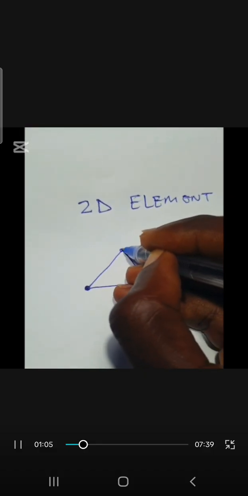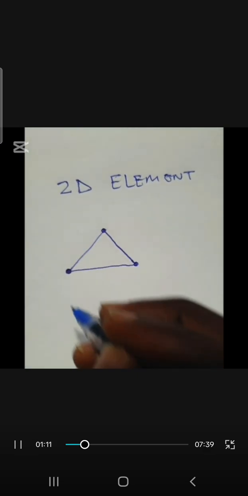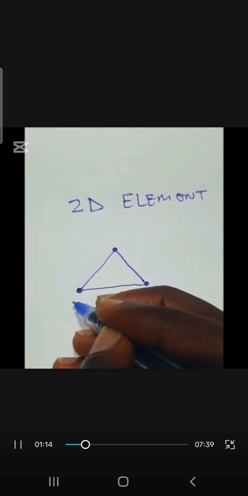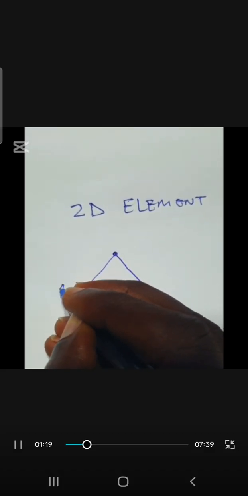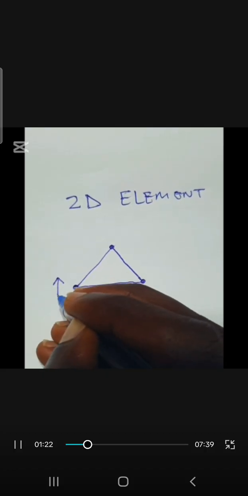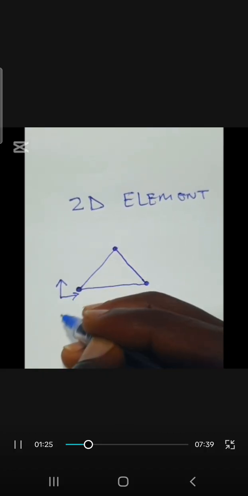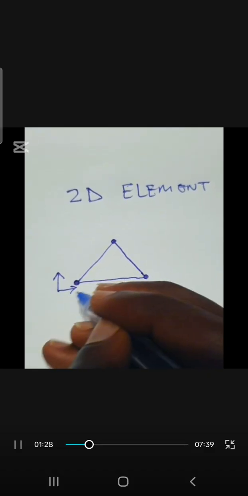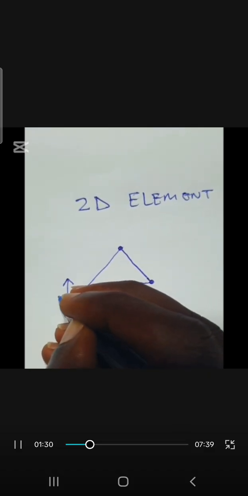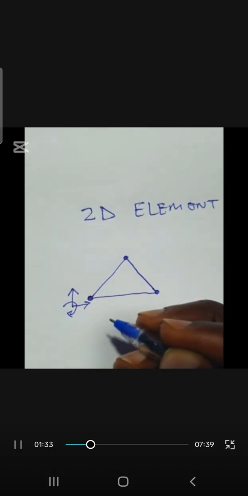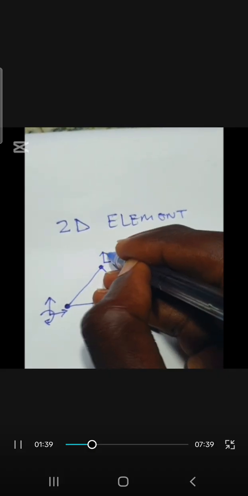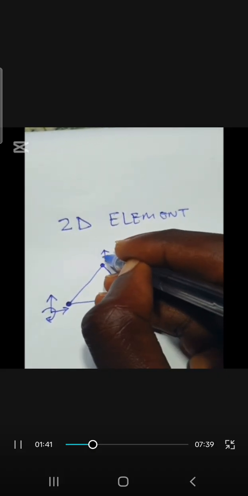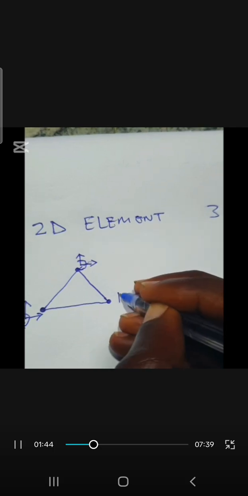So we have the nodes like this. They are connected at the node. So at each node you have 3 degrees of freedom. 2 are translational at the y and x axis. Then 1 is rotation, which is at the z axis. And that is how it is at each node.